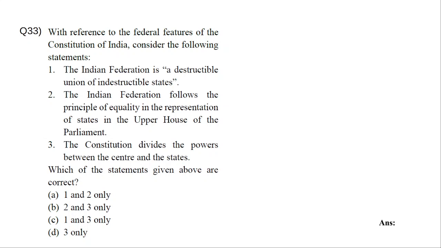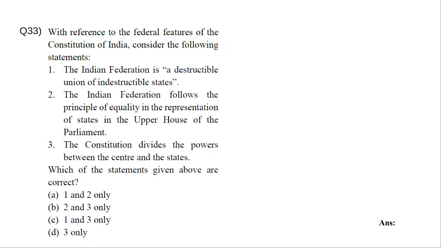That means the states cannot be destroyed and the union also cannot be destroyed. But in the Indian case, it is usually said to be an indestructible union of destructible states. Destructible states means, if you look at Andhra Pradesh, the recent example, Andhra Pradesh was one state. Today it has been divided into two states. So the state is not indestructible.